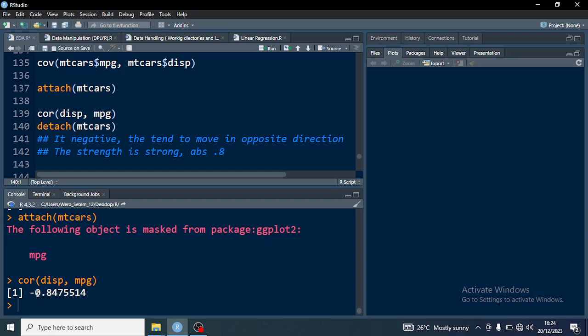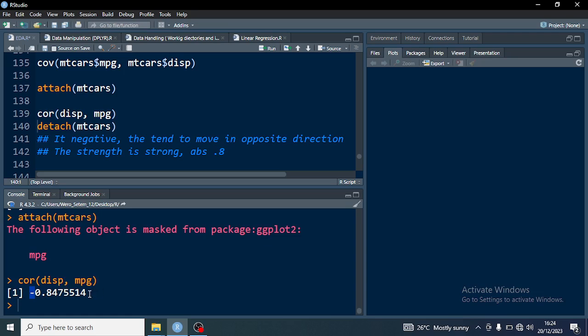-0.84. So what does this negative mean? This negative means that as one value increases, the other value decreases.